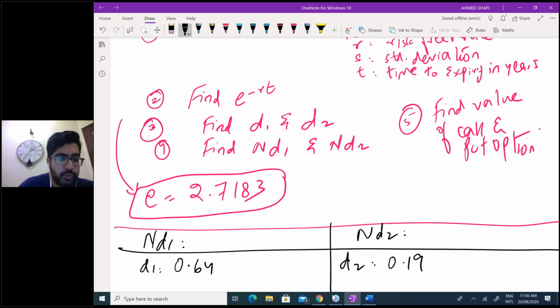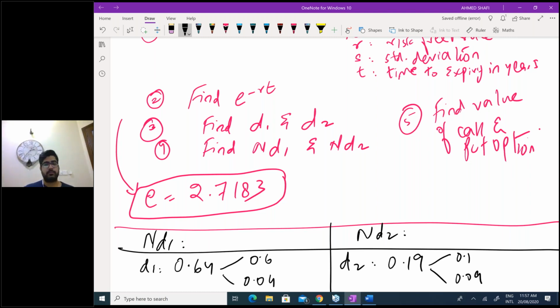Now, once you got D1 and D2, you need to break them into single decimal and double decimal, right? 0.64 should be broken into one single digit decimal figure, 0.6, and 0.04. The total is 0.64. And D2 shall be broken into one single digit, one double digit, 0.1 and 0.09.